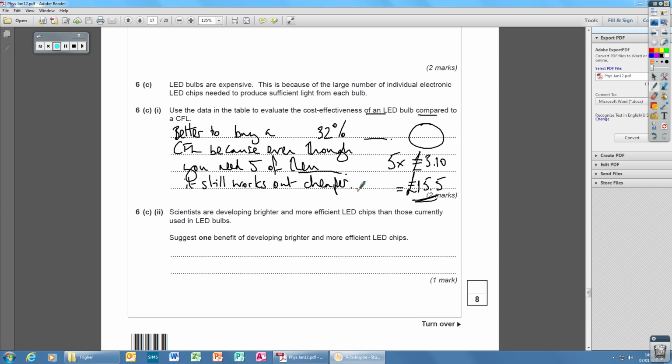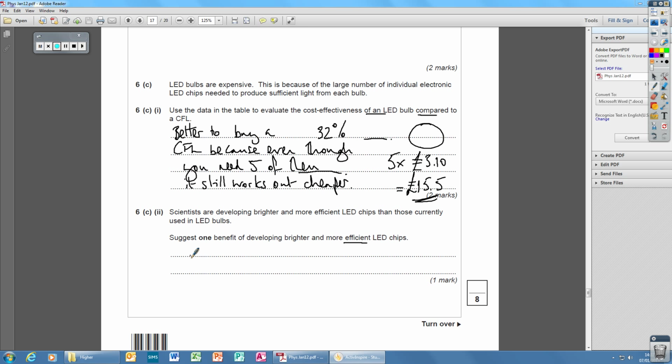Right. Scientists are developing brighter and more efficient LED chips than those currently used in LED bulbs. Suggest one benefit of developing brighter and more efficient LED chips. Well, I guess if they're more efficient, then more of the input energy is turned into light. So you need less input energy.